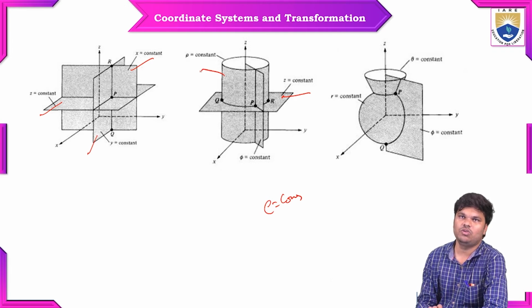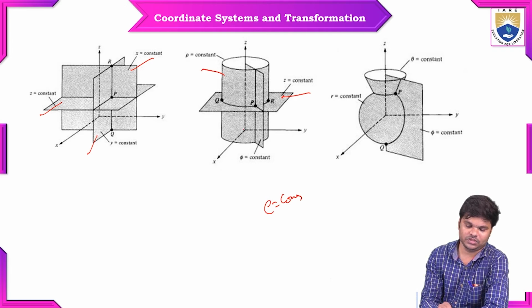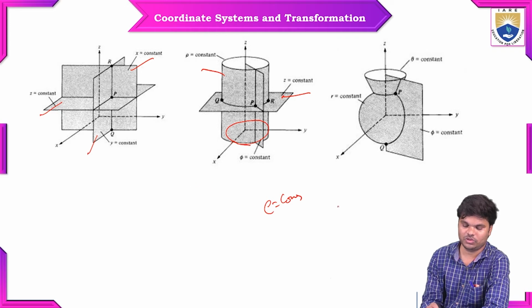Then what is phi is equal to constant plane? Phi is equal to constant plane is a semi-infinite plane, because phi ranges from 0 to 360. Suppose I take this plane, this is phi.